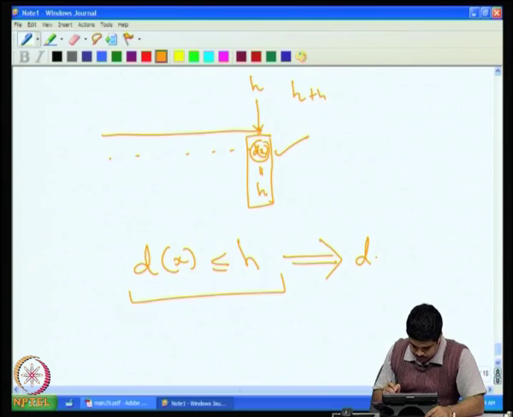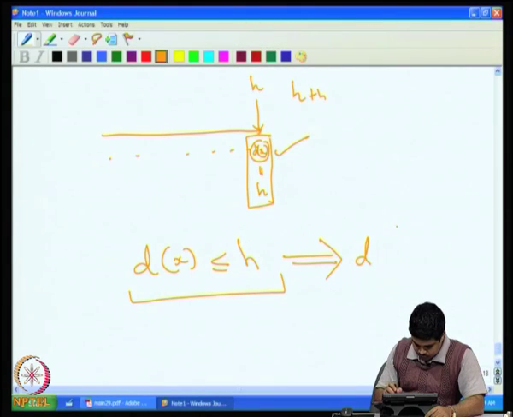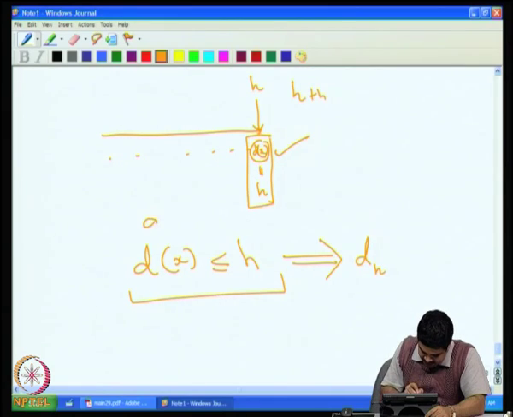d of n minus h, this is essentially d_h, the h-th number, is equal to d of x here, the h-th number here.